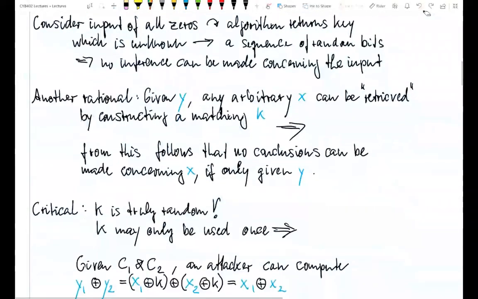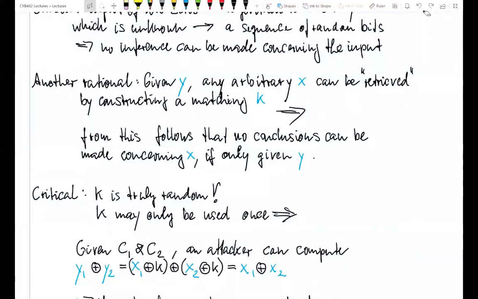Another rationale, intuitively speaking, is if you, as an attacker, have retrieved the ciphertext, basically because you do not know the key and the bits in the key are totally random, you have to assume any key. So any key could have been used to receive the ciphertext.